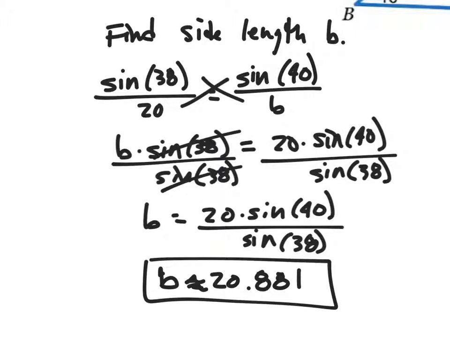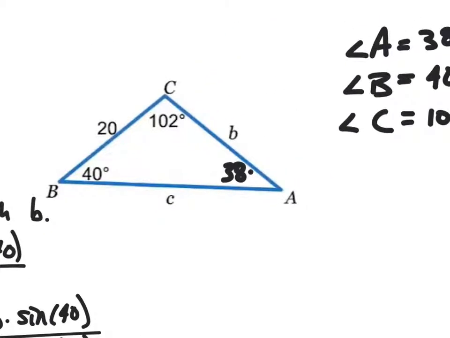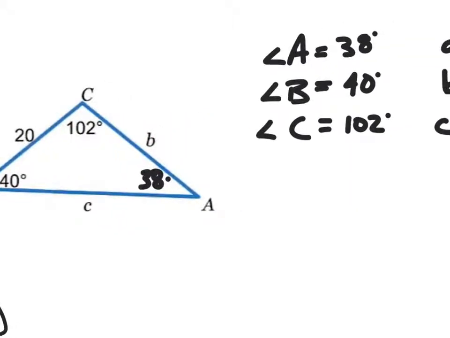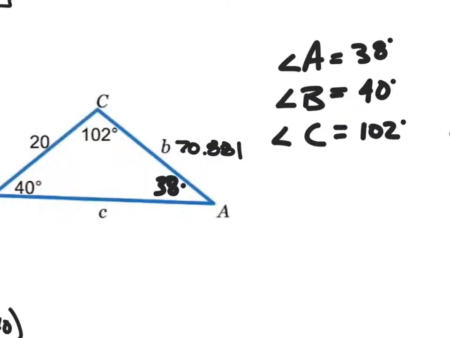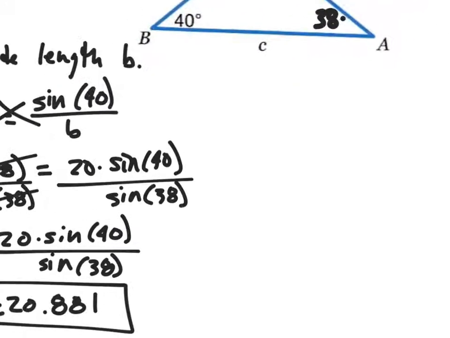All right, so that's our value for B. Now notice that that's really, really close to the side length that we got for A. Notice how A is 2 degrees less than angle B. So side length B should be just a little bit larger than 20, and it is. So 20.881.